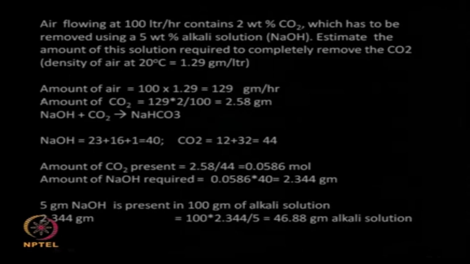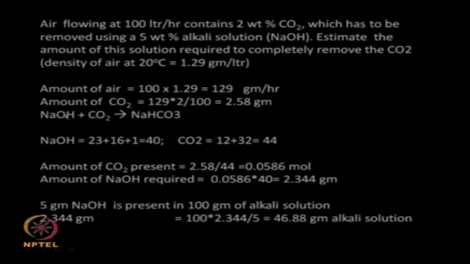So the amount of air we can calculate, 100 into 1.29, okay, that gives you 129 grams. Now this contains 2% carbon dioxide, so 129 into 2%, that gives you about 2.58 grams. Now carbon dioxide will react with sodium hydroxide to give sodium bicarbonate, correct.